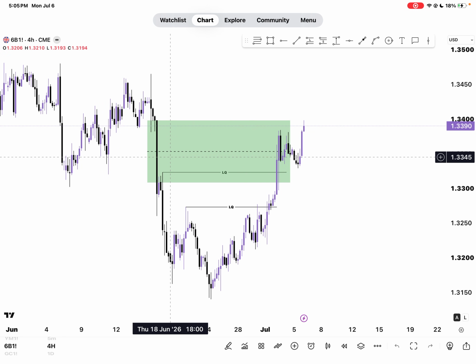Now, I have this green box marked out because some people have contacted me about why this would not be a valid area of interest versus it being a valid area of interest, right? So the sole reason it's not valid for me is because I would consider this raw inefficient pricing.